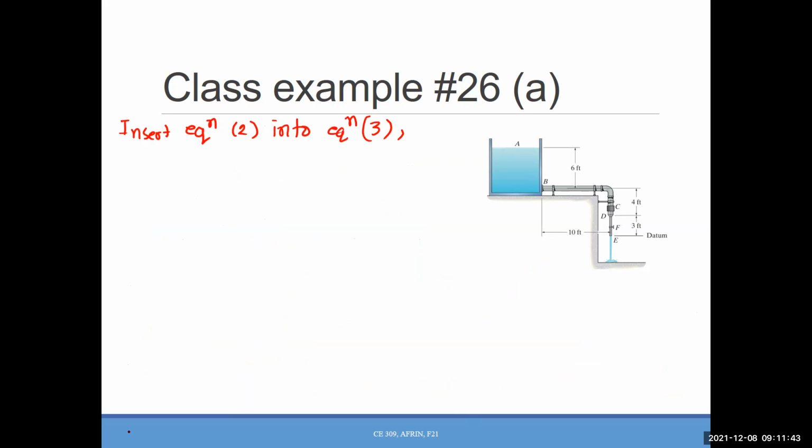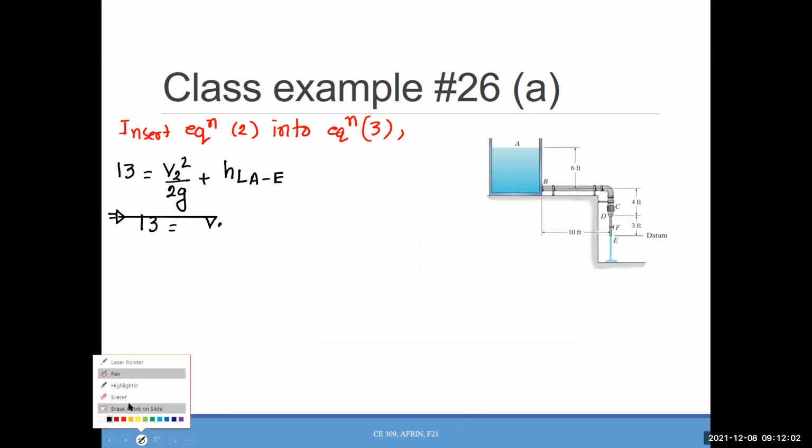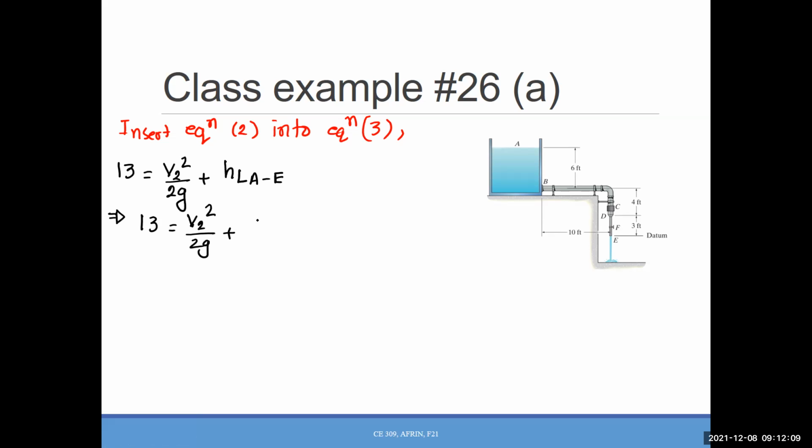Okay, so that will give us 13 equals V2 square over 2g, head loss 1, head loss 2, right?